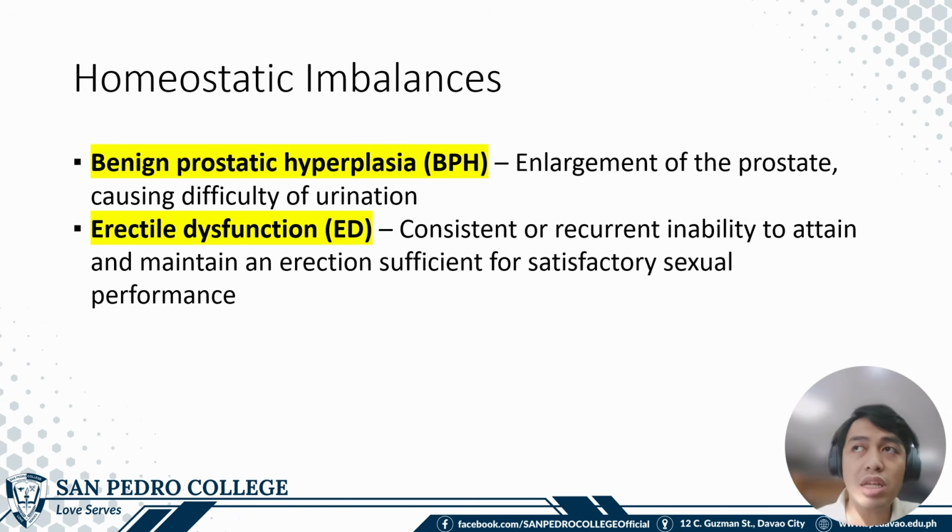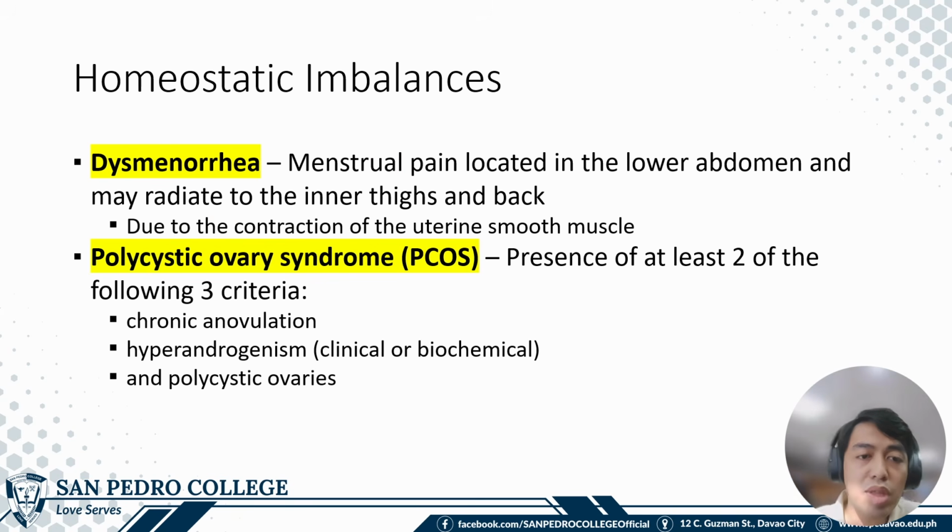The cause may be structural, especially in the erectile tissues, if there is any problem in the blood flow to the erectile tissues, or it can be hormonal or psychological. Dysmenorrhea is the pain that the female may experience during menstruation.